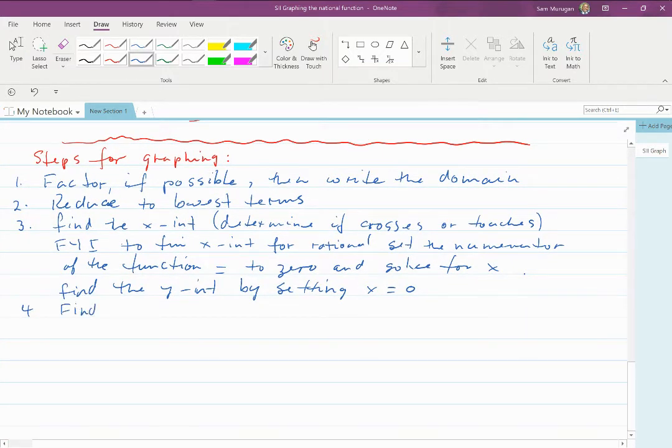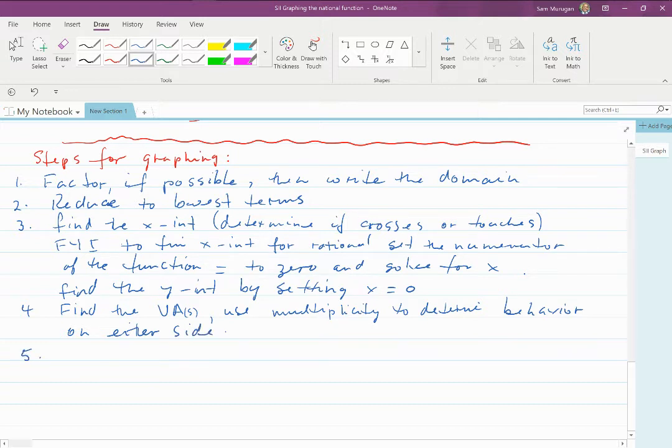Step 4, find the vertical asymptotes. Use multiplicity to determine behavior on either side.